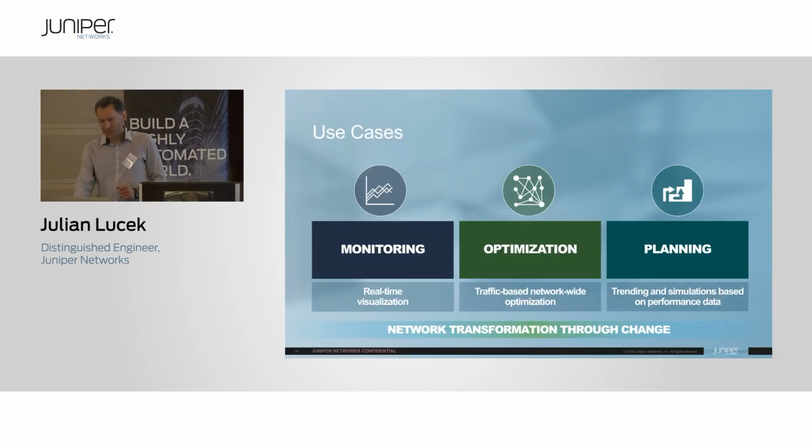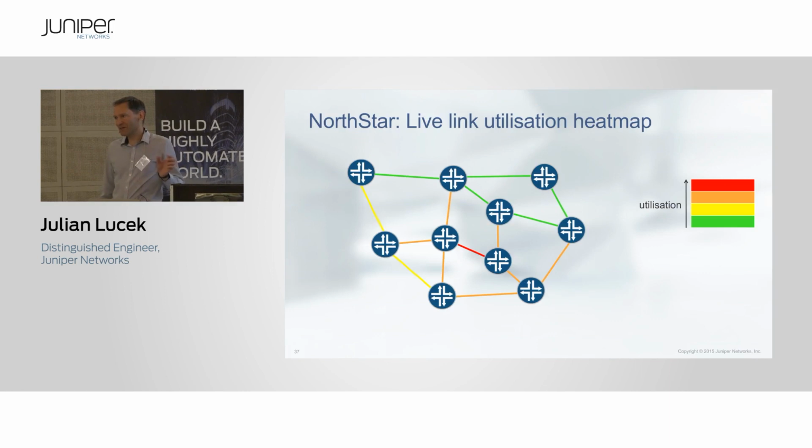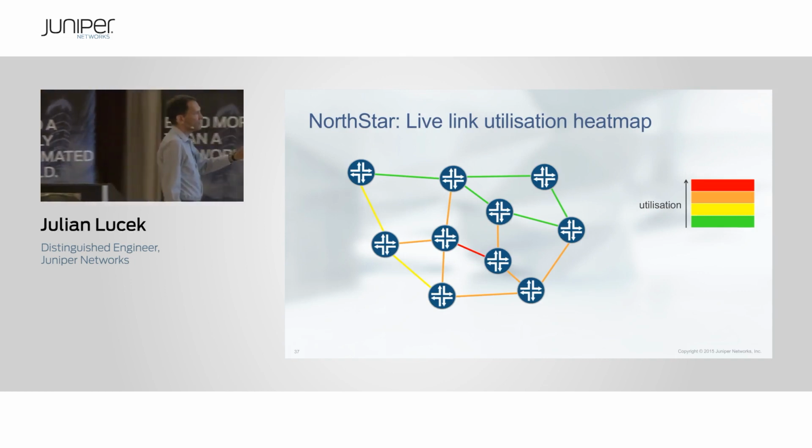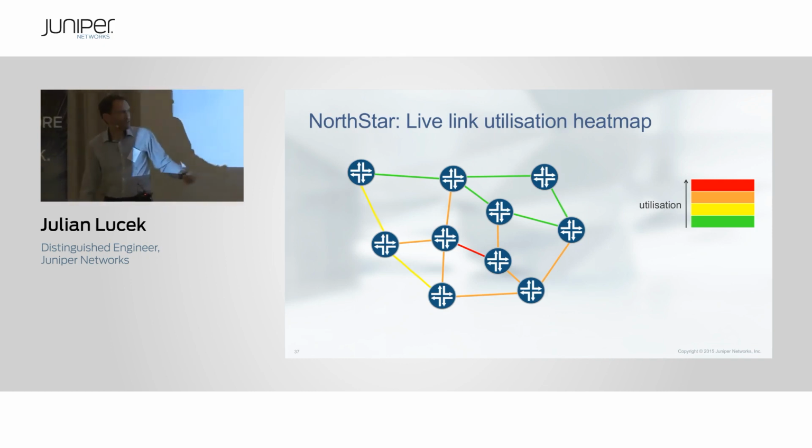From the pure visualization point of view, what you get is heat maps. You're looking at the topology of the network in the GUI. The topology itself has been acquired via BGP-LS as discussed. And now these links are color-coded according to the reported streaming telemetry stats for each link. So you can see color-coded what the utilization is, and you can see at a glance that this link is rather congested.